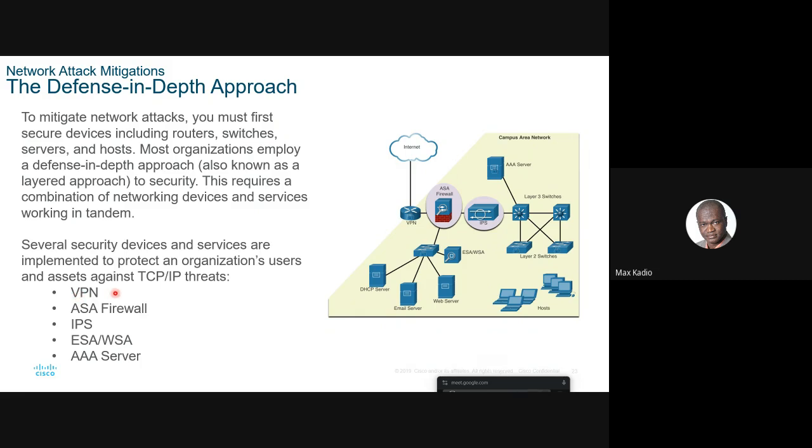VPN, if you want to remotely log on to your company resources, there is a VPN for that. DHCP server, email server, web server. You need to protect all of them. To protect the email server, we have an email security appliance, and to secure the web, this device will protect everything.